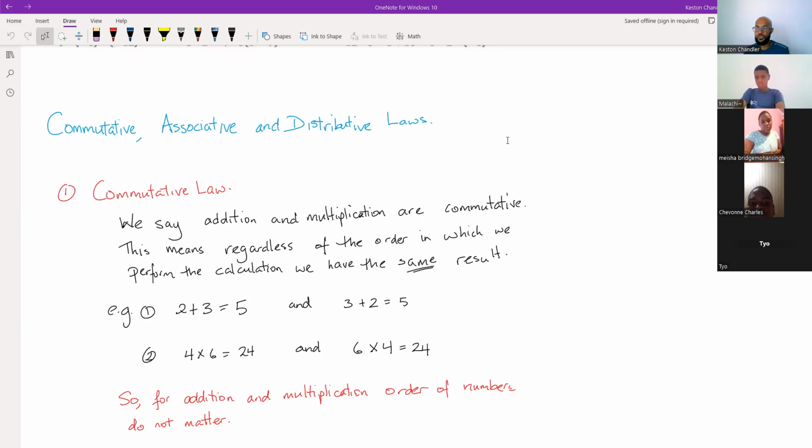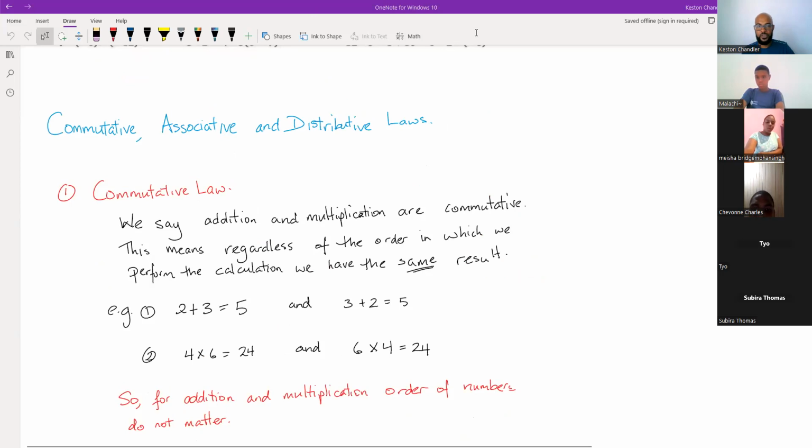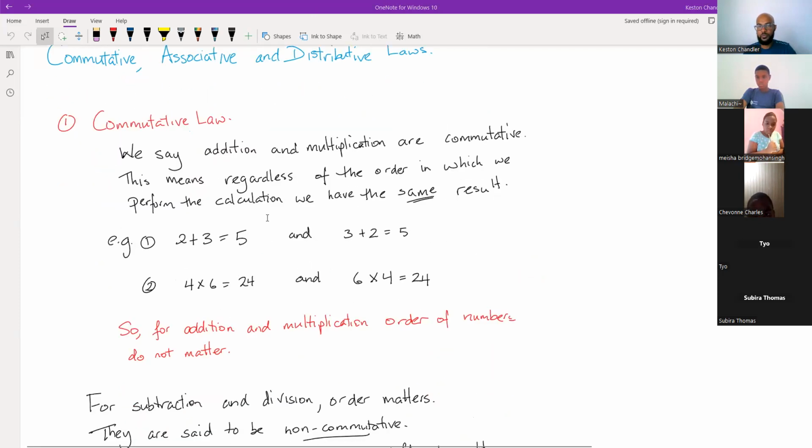So those of you just joining in, just to recap briefly, we're just about to start, and we're going to be looking at some laws involving addition and multiplication, namely the commutative law, the associative law, and distributive law. These things you guys would probably know innately already, just probably not by name. All right. So the first one we're going to talk about is the commutative law.